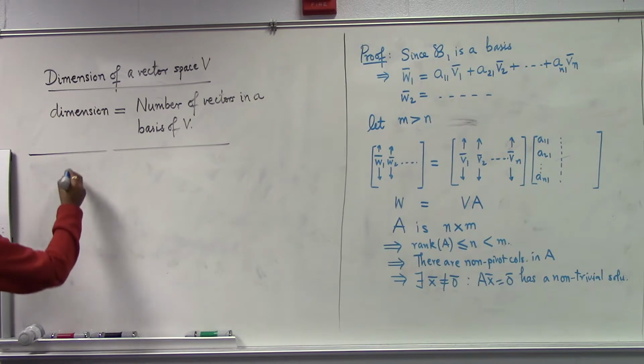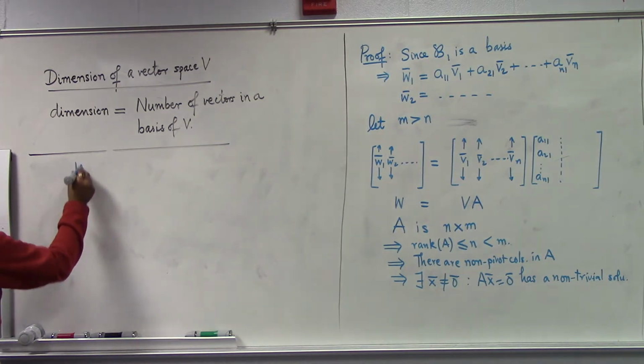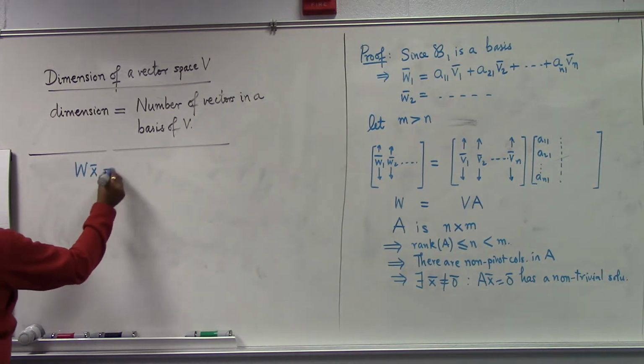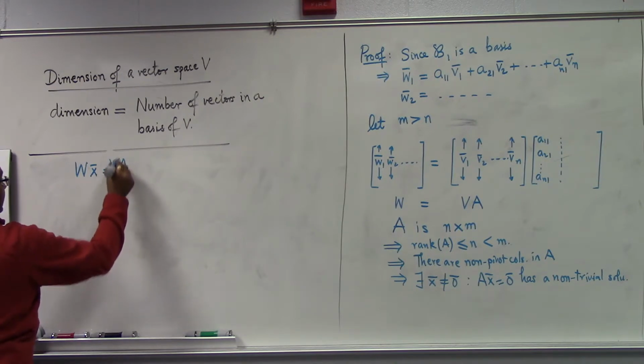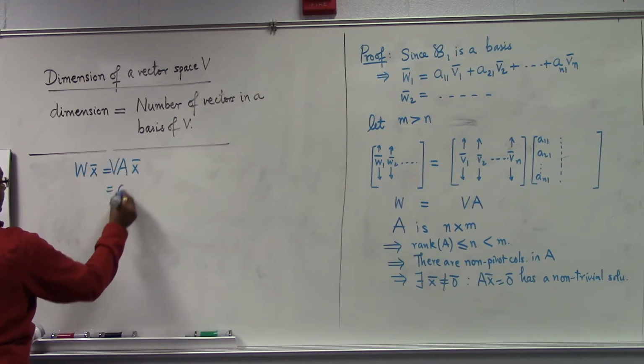Now if I look at that solution that I've got, what would be Wx? It would be simply V times A times x, but this is 0.